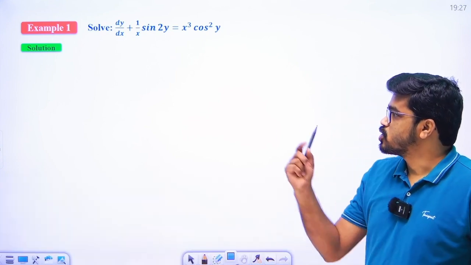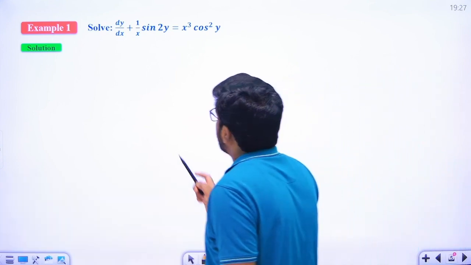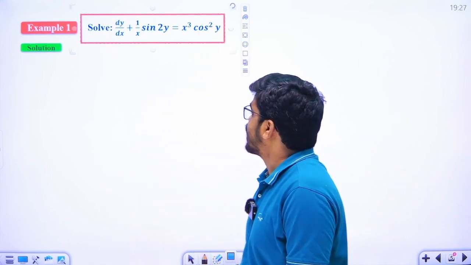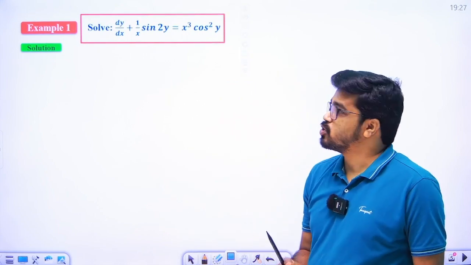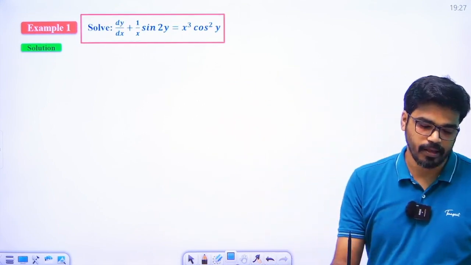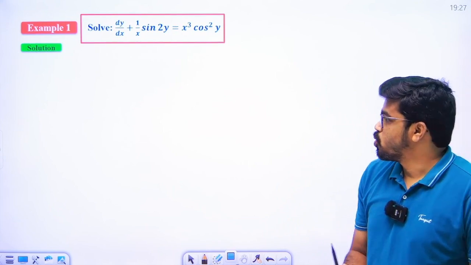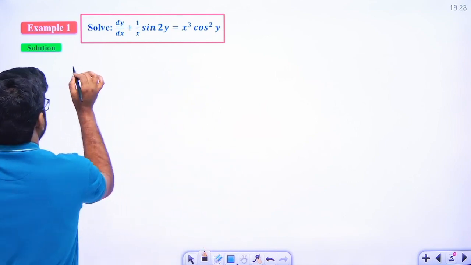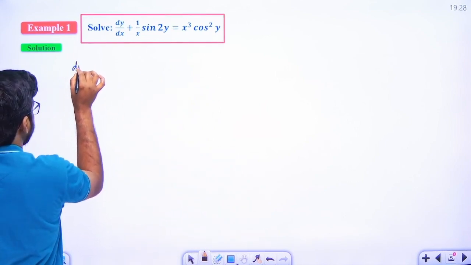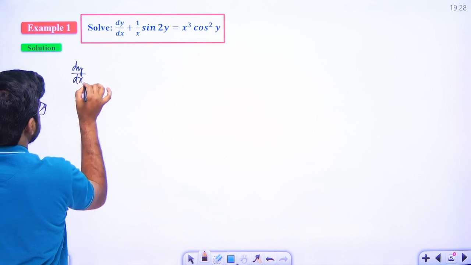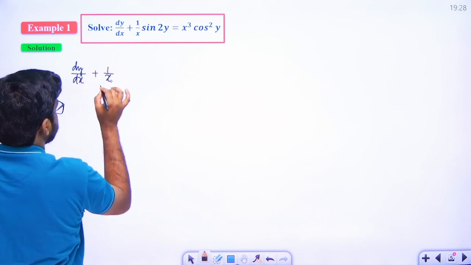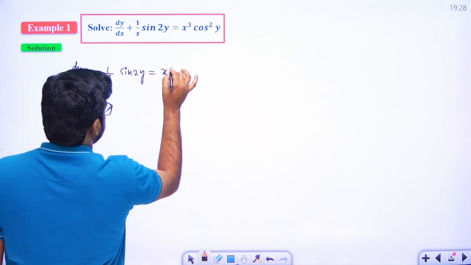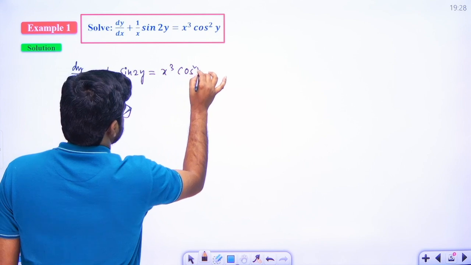Note this problem first. So what is given here? Here it is given that dy/dx plus 1 by x sine 2y is equal to x cube cos square y.